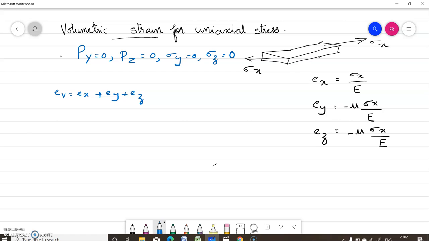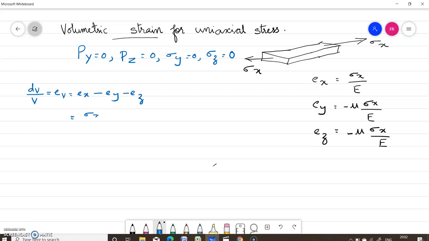So we can write the volumetric strain, change in volume by original volume, EV equal to Ex plus Ey plus Ez. But since here there is reduction in dimension in y direction and z direction, you can write here Ex minus Ey minus Ez. So what is this value?